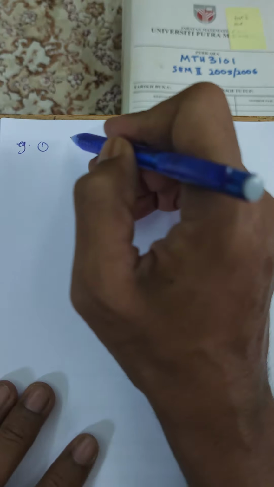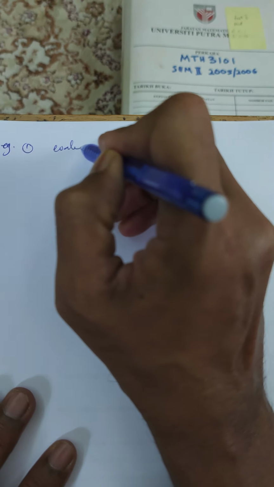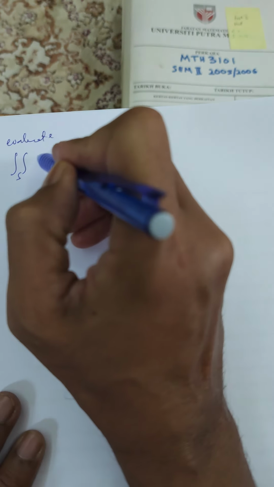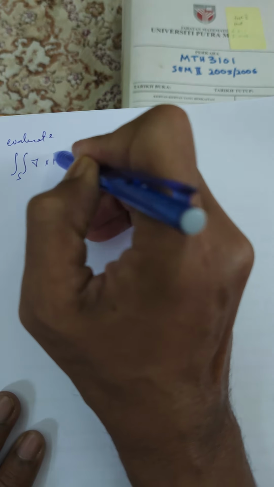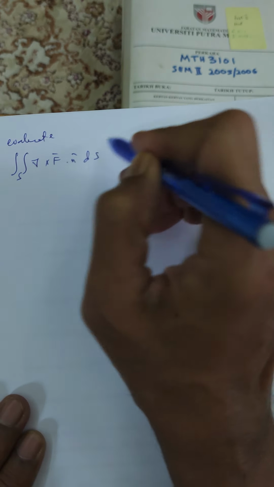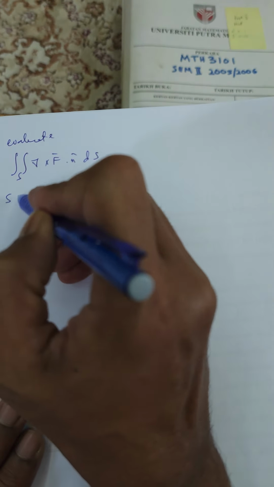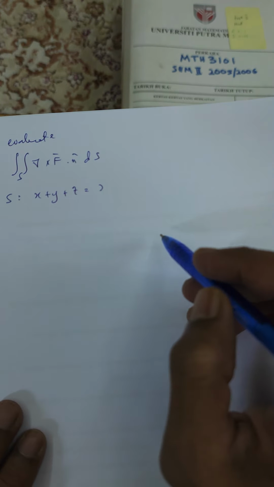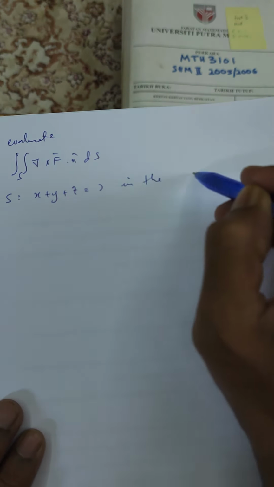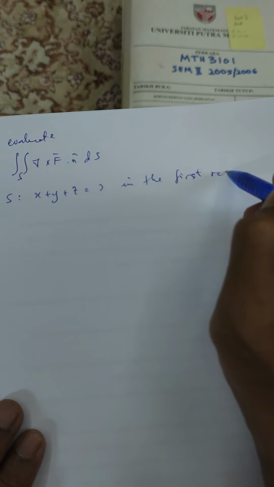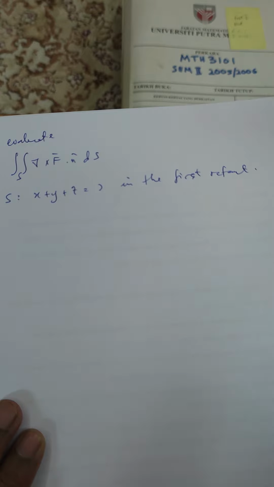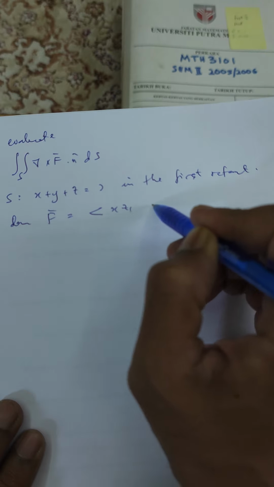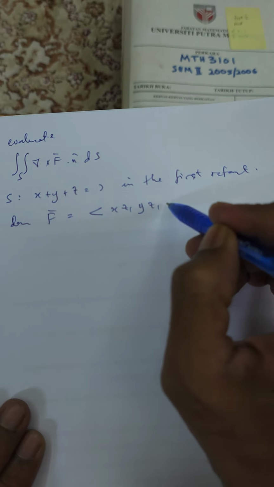First, evaluate the integral over S of F dot n dS, where S is the surface x plus y plus z equal to 2 in the first octant, and given F is xz, yz, and xy.